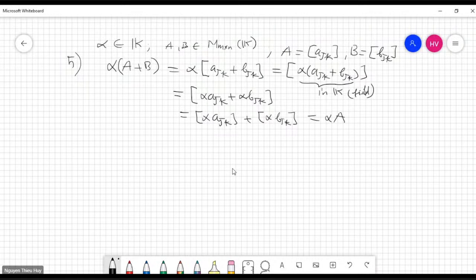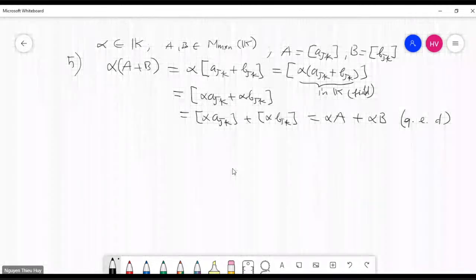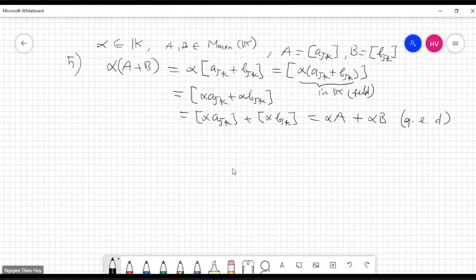So I can draw alpha out, and the remainder is A plus alpha B. So we are done. This is property 5, and the other proofs are similar to what I did before. It's easy.